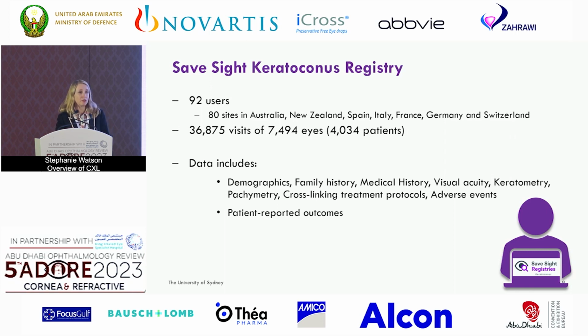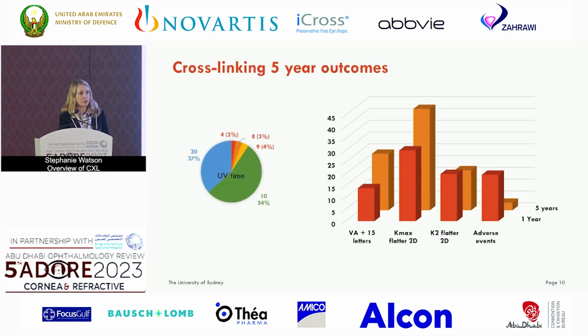And there's now 92 users across the globe with around 4,000 patients. And what we found, looking at our 5-year outcomes, and this included patients that had half accelerated and half conventional, was that there was an improvement in vision at 1 year, and this improvement actually increased. So there was further improvement by 5 years.